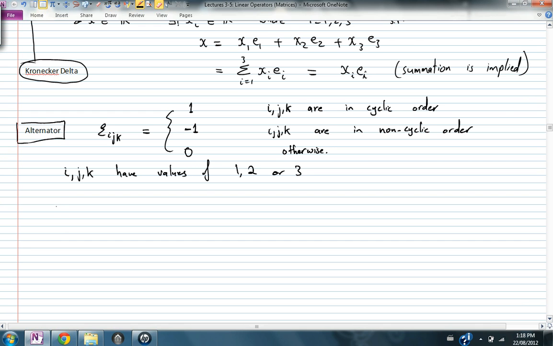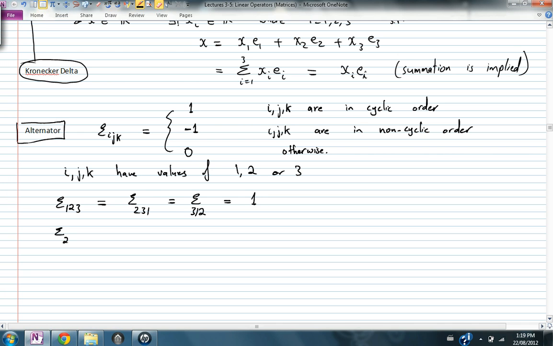What the above means is epsilon 1, 2, 3, so these are in cyclic order, is equal to epsilon 2, 3, 1 is equal to epsilon 3, 1, 2 is equal to 1.